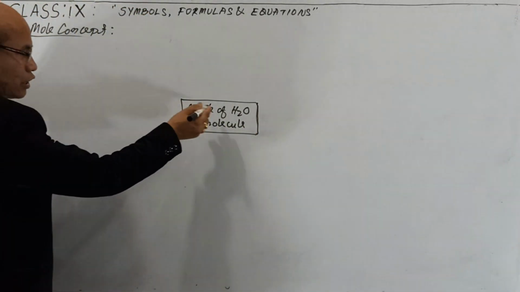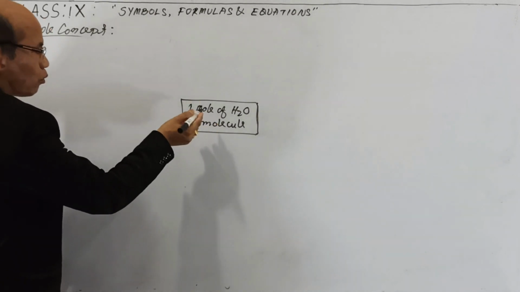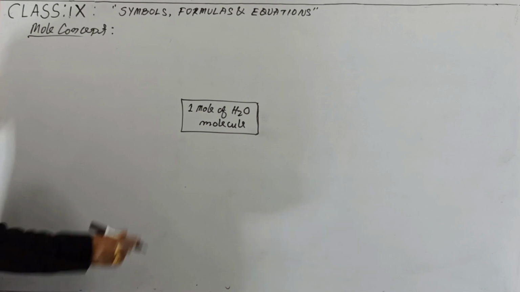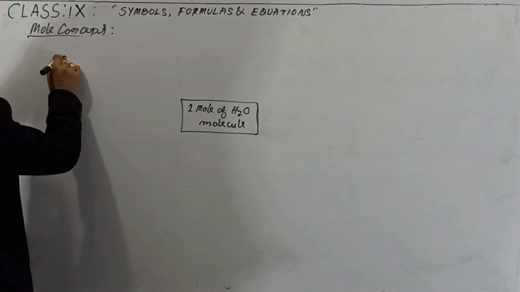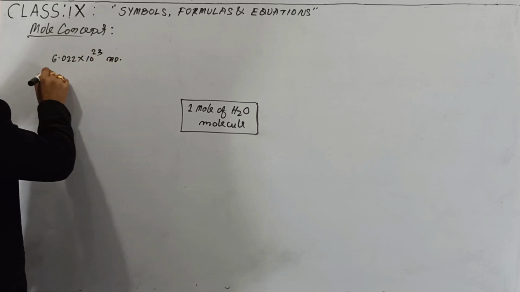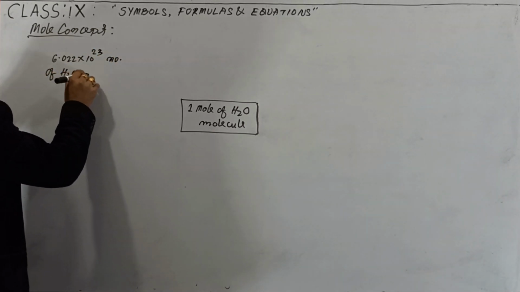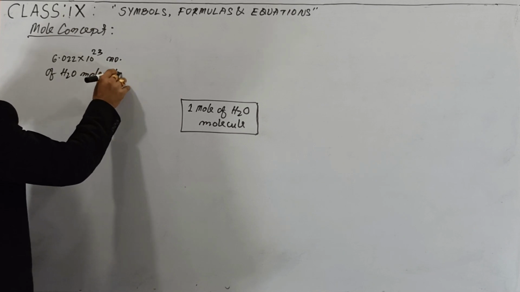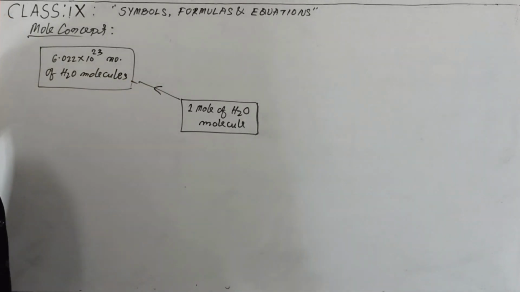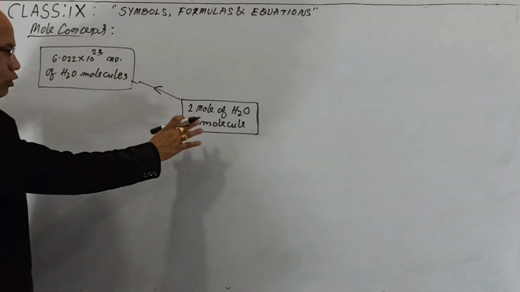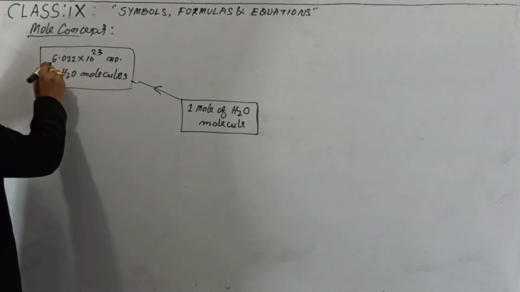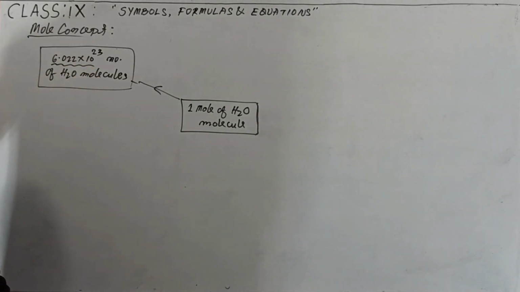Now I would like to convert this 1 mole of water molecule into number of water molecules. Then how many water molecules will be there? It should be 6.022 into 10 to the power 23 number of H2O molecules. According to the mole concept, when you want to convert 1 mole of water molecule into number of water molecules, then this much number of water molecules should be there.